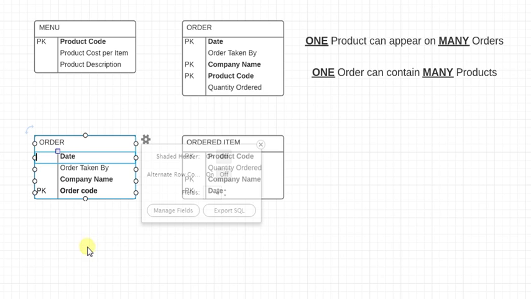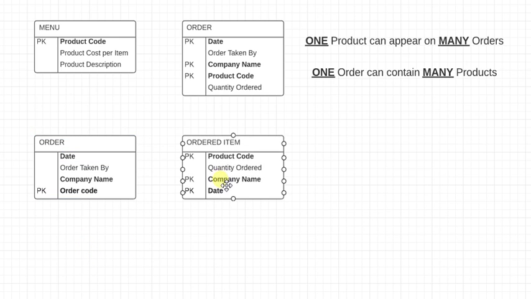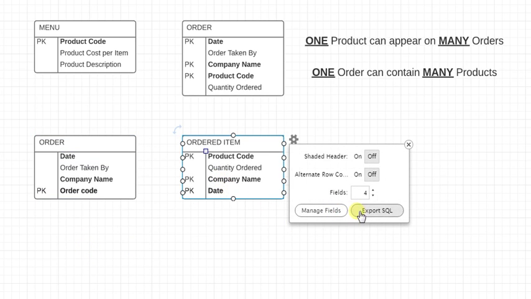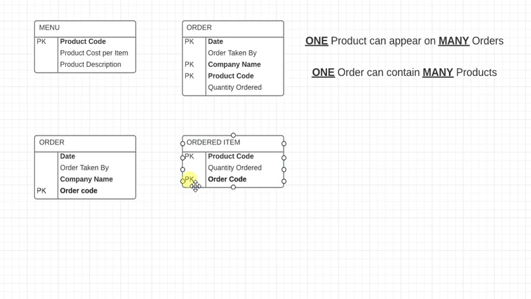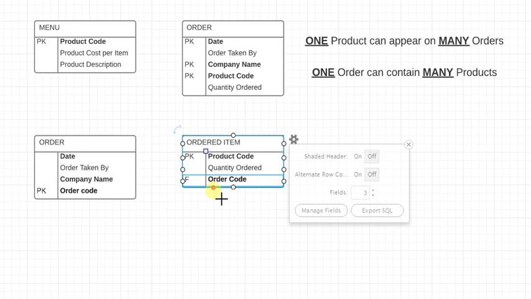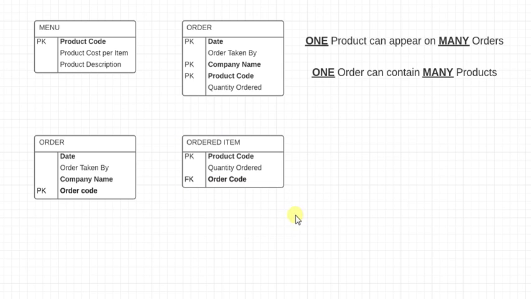So I'll make a number for my order, and then in this table I can get rid of those two other fields, but add in the order code, and that is now what we call a foreign key. So it's a key in another table, so it provides that link. So ordered item would be that field that links together.